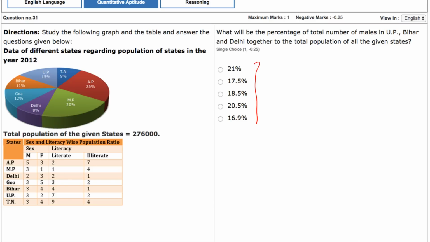Percentage of the total number, again this is an approximate percentage they are talking about, not the actual percentage, of the males in UP, Bihar and Delhi. So I have to take males.